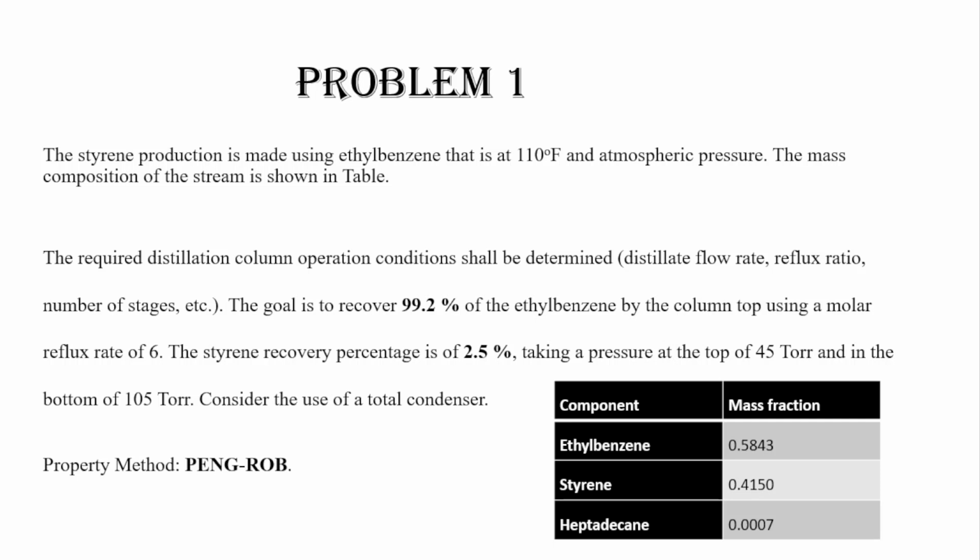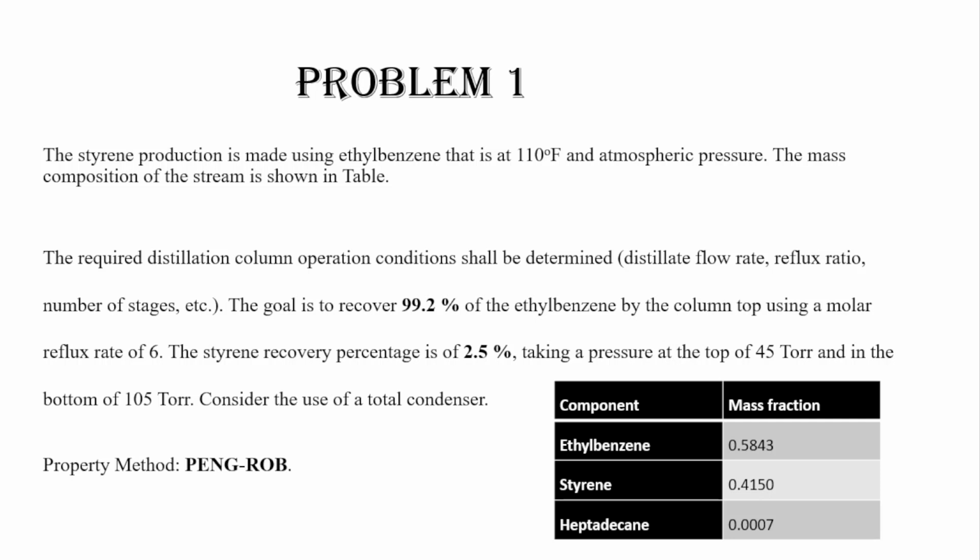The styrene production is made using ethyl benzene that is at 110 degrees Fahrenheit and atmospheric pressure. The mass composition of the stream is shown in the table. That is ethyl benzene, styrene, and heptadecane, and you can see the fractions there.